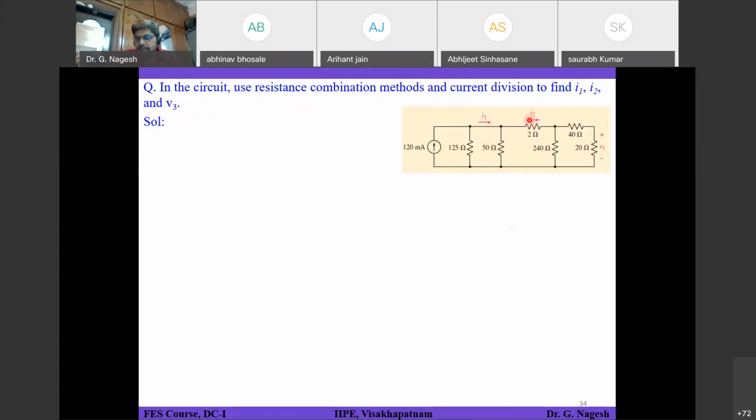I2 is the current flowing through this 2 ohms. If you reduce the circuit to a very small circuit, then you have to come back to find out the current flowing through this 2 ohms resistor, and the voltage across this 20 ohms. So try to solve this. Let's see how you will do.